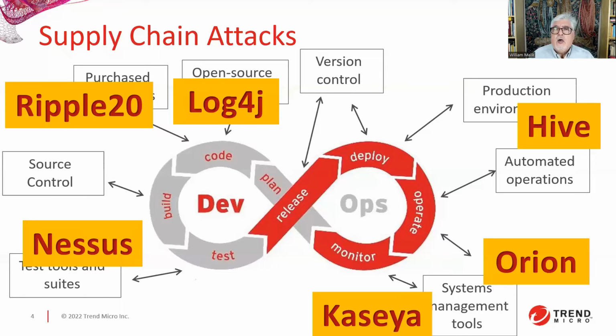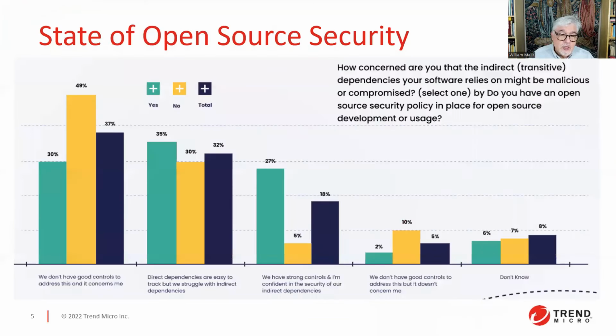So where are we with regard to open source? Well, recently, SNCC, working with the Linux Foundation, published a report, their open source security state report. And this is one of the charts from that. Now, the way to look at this chart is if you answered yes to the question, do you have an open source security policy?